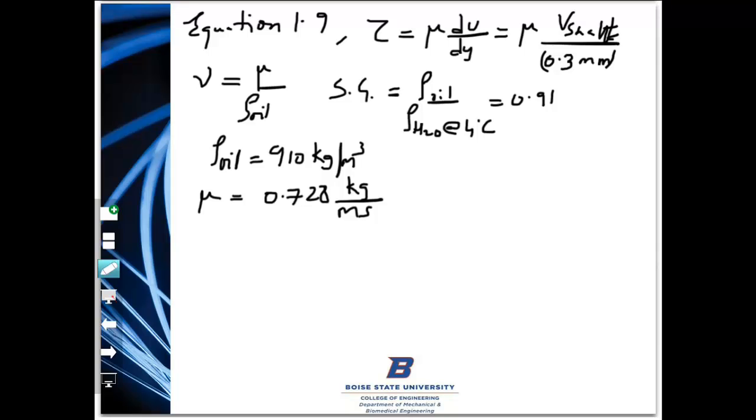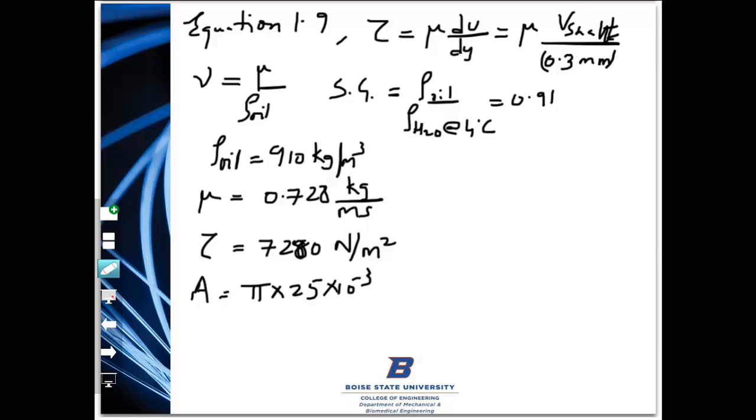Then you can substitute this in here and make the corresponding unit conversions. Then you'll get tau to be 7280 Newton per meter squared.